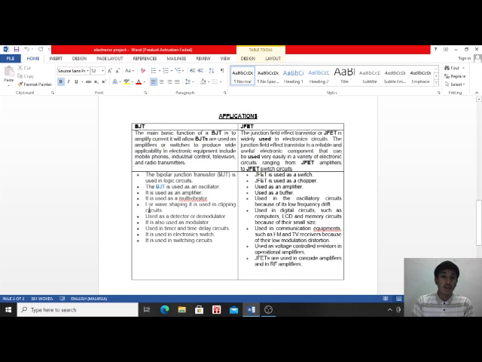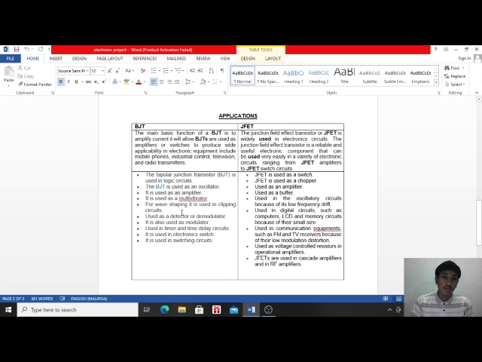Okay, these are the other applications for BJT. First, the bipolar junction transistor is used in logic circuits. Second, the BJT is used as an oscillator. Next, it is used as an amplifier, of course. Then it is used as a multivibrator.